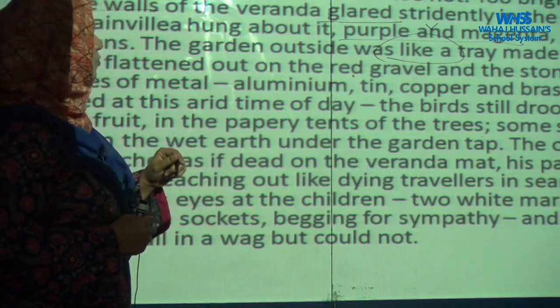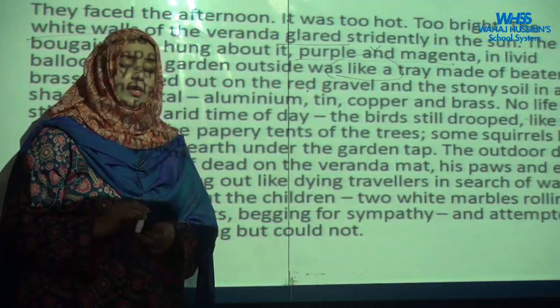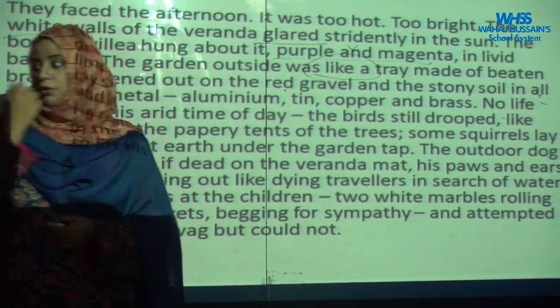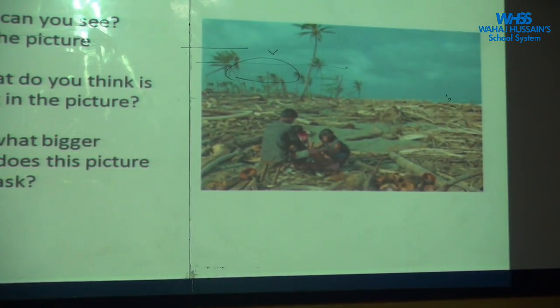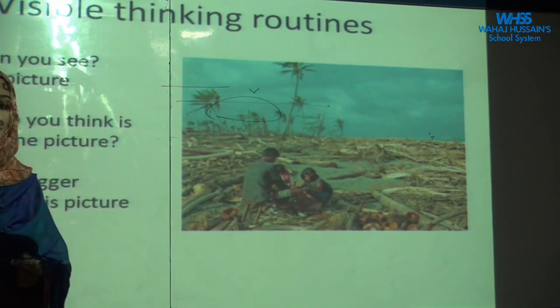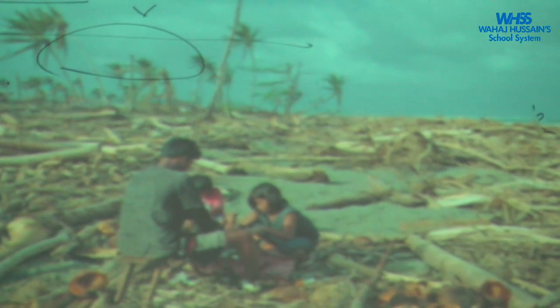So yes, describing places, describing buildings. And what can help you? Different pictures can help you. Have a look at this one. My lovely dear students, my intelligent students, even if you're not going for descriptive writing as a question, make sure, even for story writing, that you develop visible thinking routines.